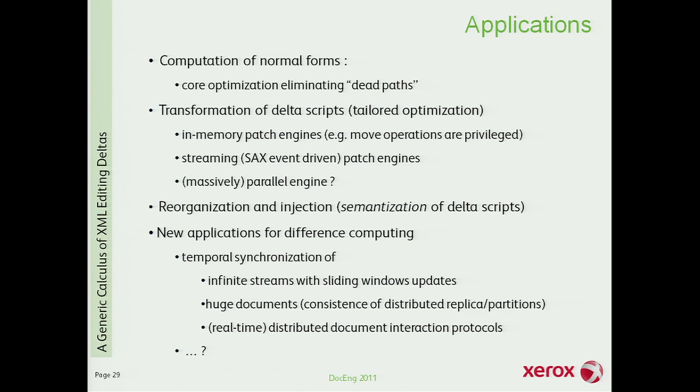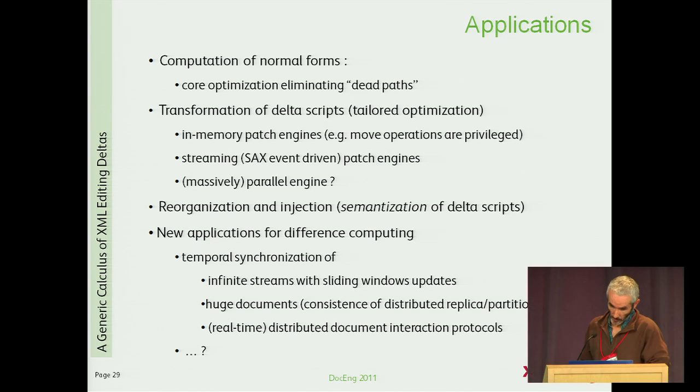Okay. So, application of these operations. First, the computation of normal forms, which is a way to eliminate the dead paths, such as shown in the first part of the talk. Well, we would like to be able also to transform the delta scripts for specific purposes. For instance, if you have a dedicated in-memory patch engine, you would like to put the emphasis on move operation because in-memory with pointers, it's quite efficient to do so.